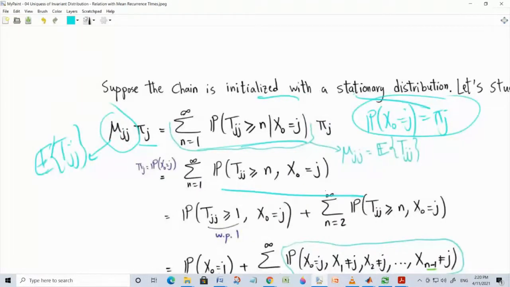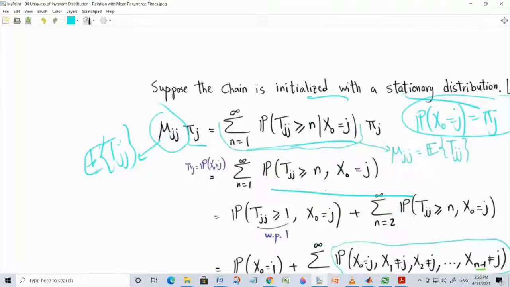Before I continue, in the proof on the previous page, when I applied the dominated convergence theorem, I upper bounded the summand, and I used the fact that a probability is less than or equal to 1. We had that pi j is equal to the summation over i in S of pi i times pi ij of n.